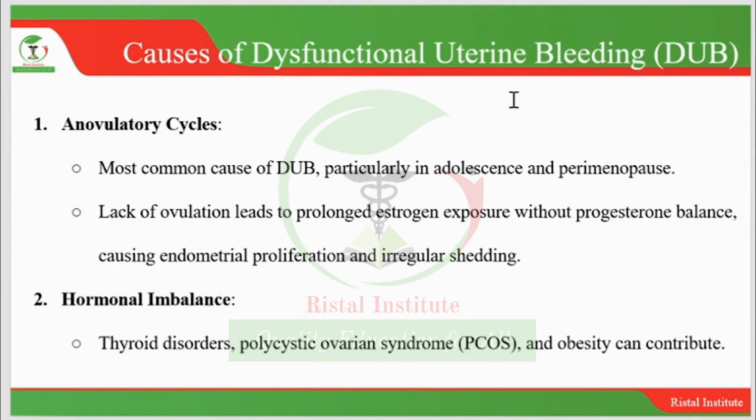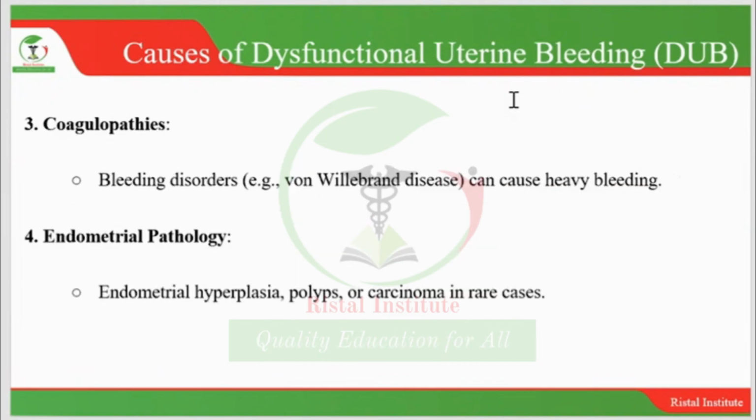Then hormonal imbalance, thyroid disorders, polycystic ovarian syndrome, PCOS, and obesity can also contribute to this, where you find some hormones are lower and other hormones are higher in amounts. Causes of dysfunctional uterine bleeding continue.